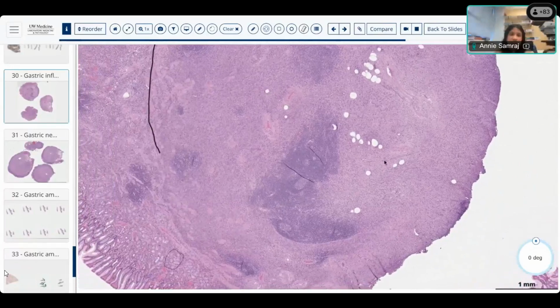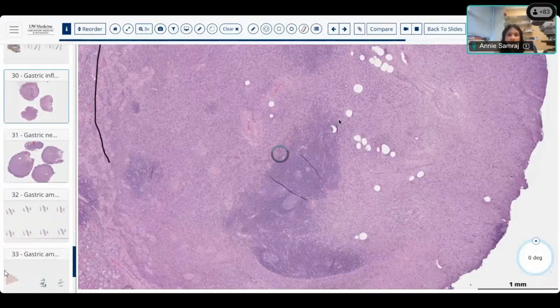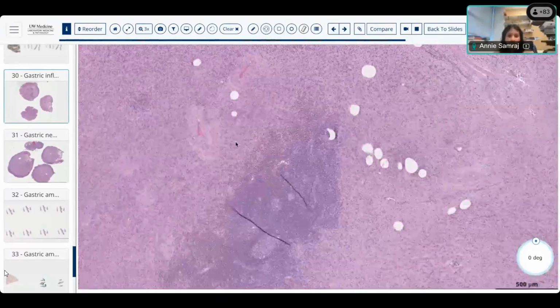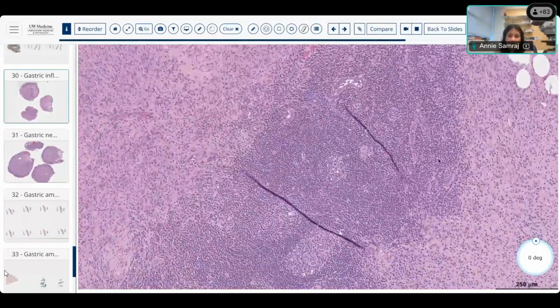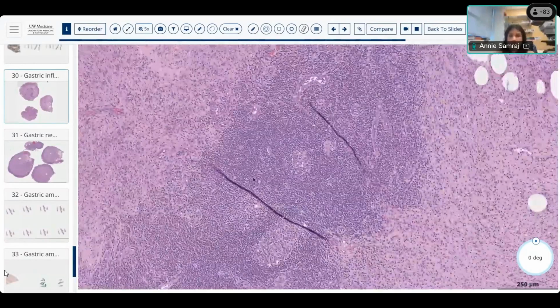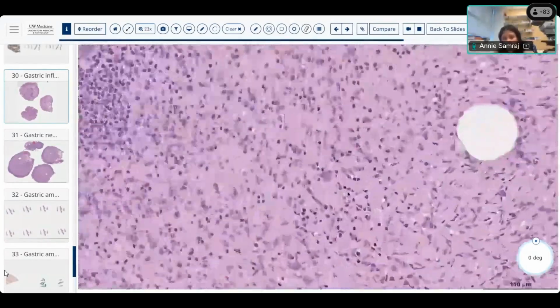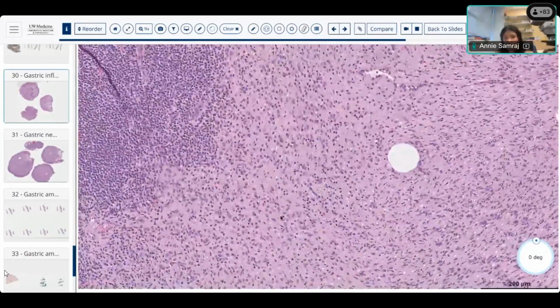But this is centered in the submucosa, and in a GIST, you typically don't see lots of eosinophils. You don't see too many lymphocytes. So here there are lots of lymphocytes, lots of eosinophils, and the spindle-shaped cells are your neoplastic cells.